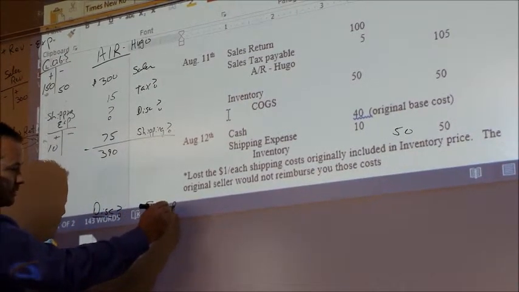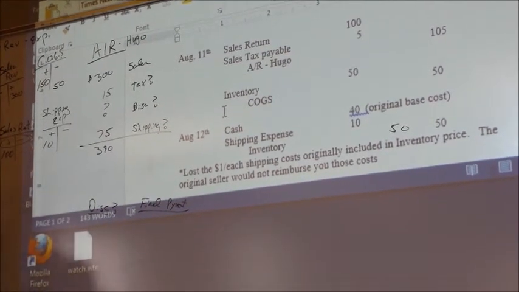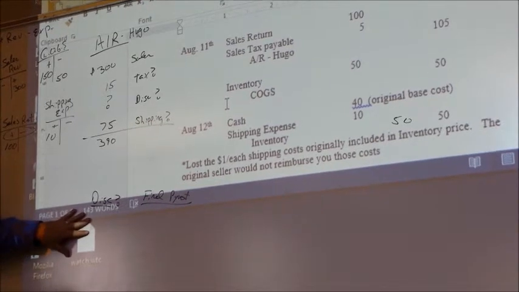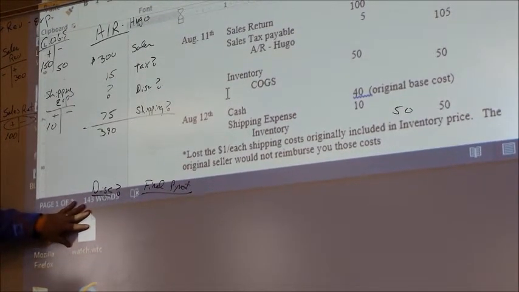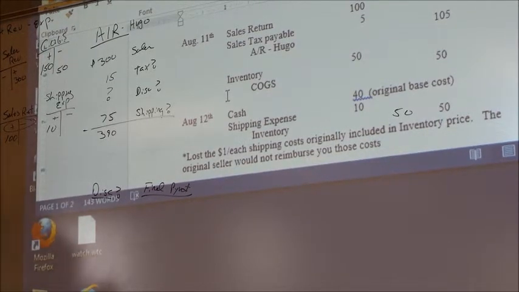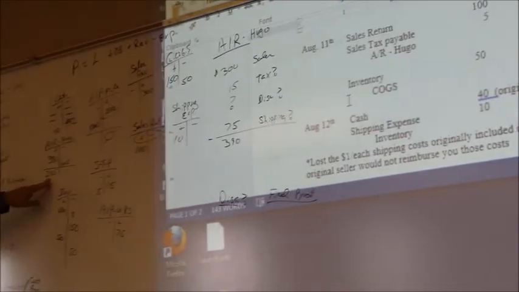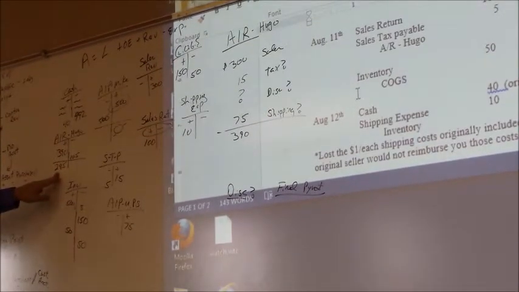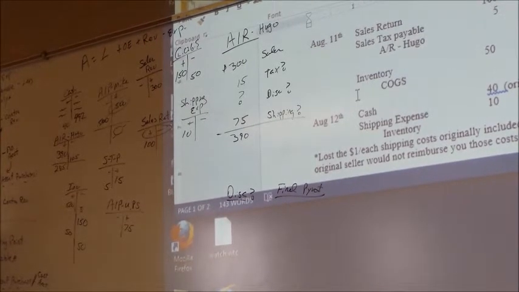Let's make my little notes here again. What's the discount going to be based on? The price after her return. And that is? $285? Nope, $285 is what she owes. That's not the price that I sold them for, because that 285 includes other stuff.